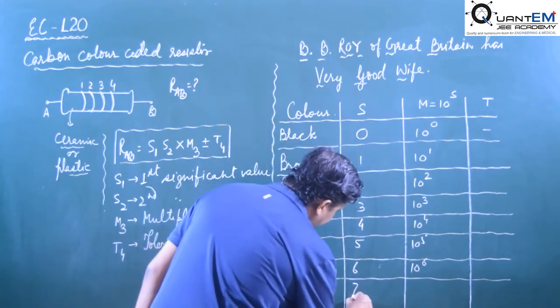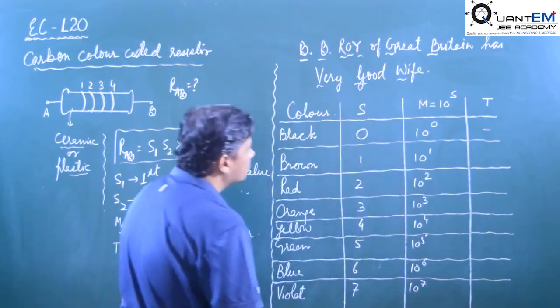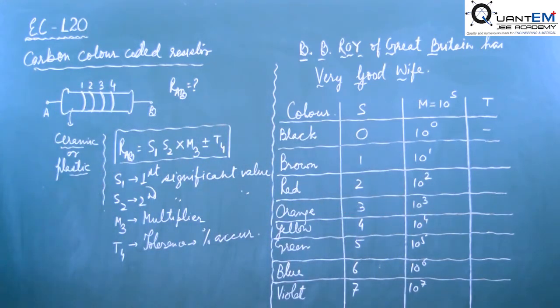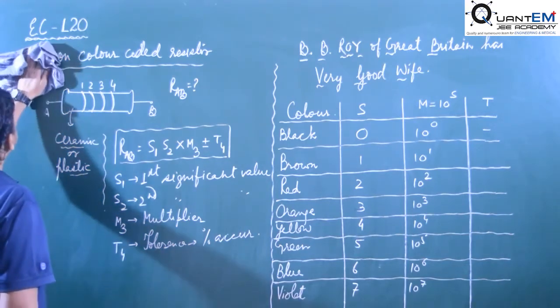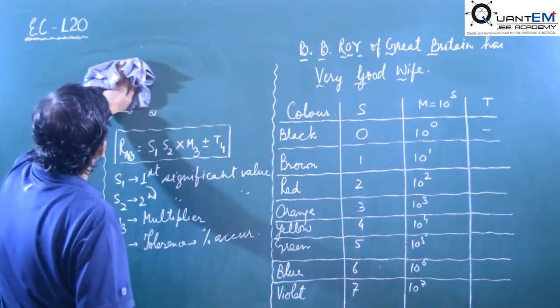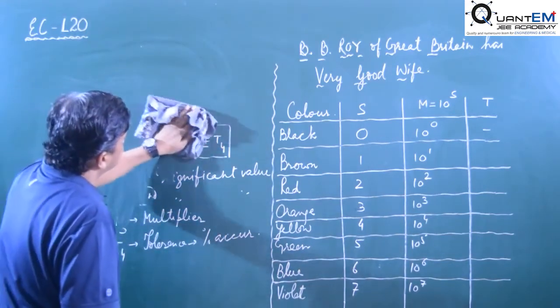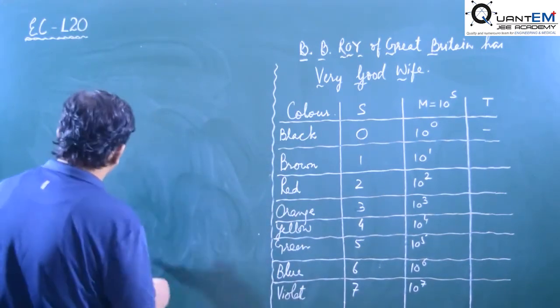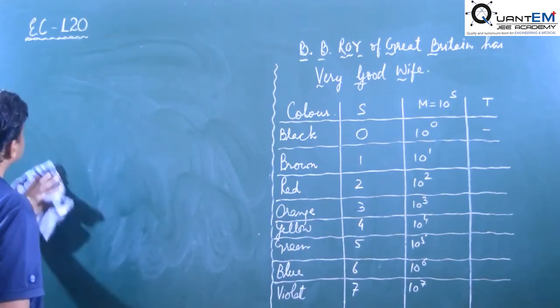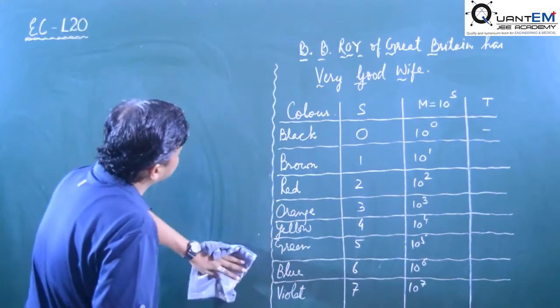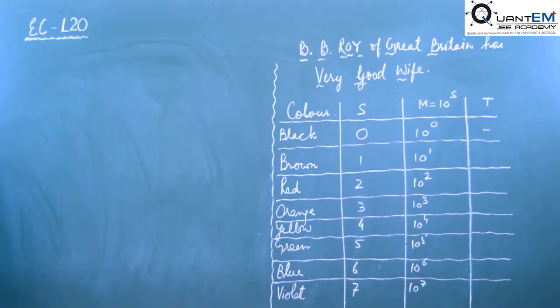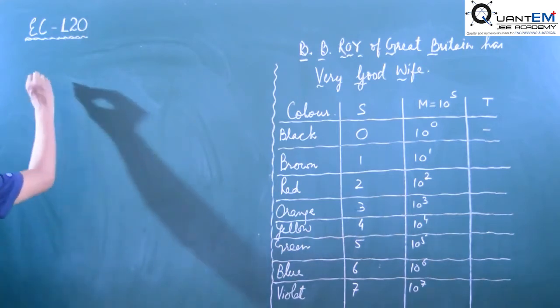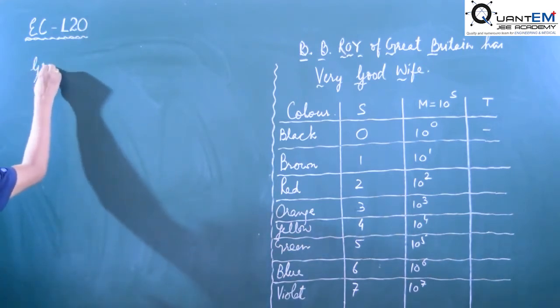Violet 7. Here also no tolerance. Okay, gray.